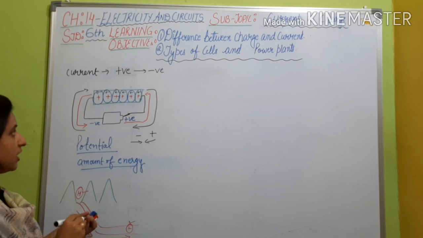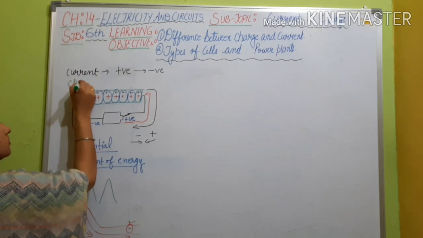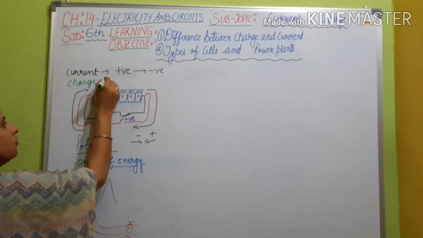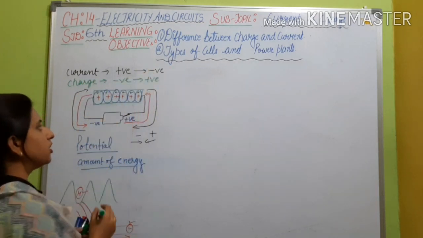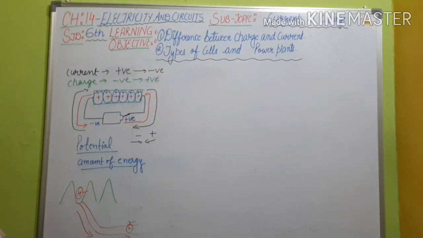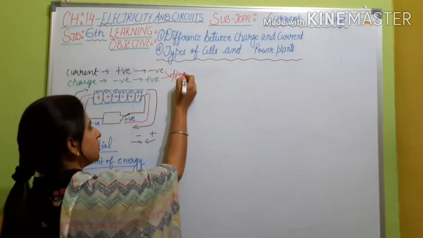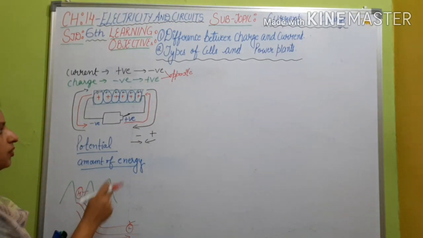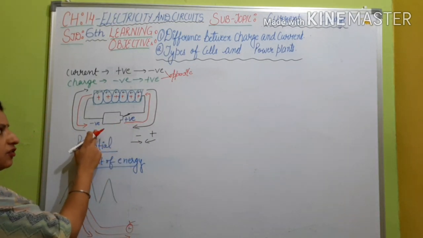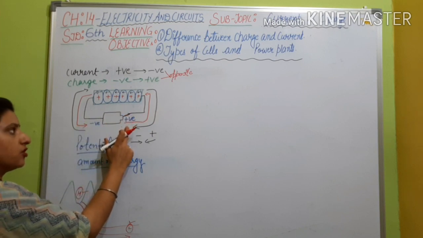So what I am saying is that the charge will flow from the negative terminal to the positive terminal. So both the current and charge are opposite to each other. The current flows from positive terminal to the negative, but the charge flows from negative terminal to the positive.